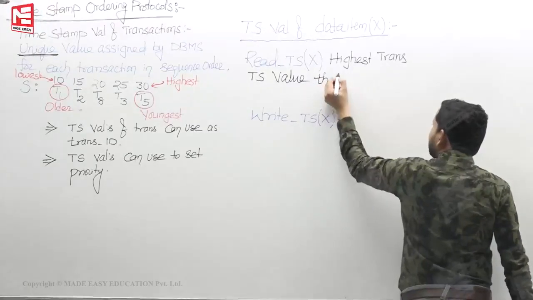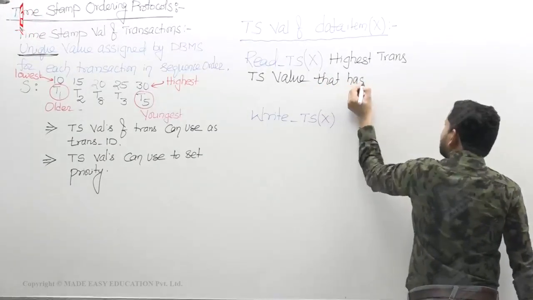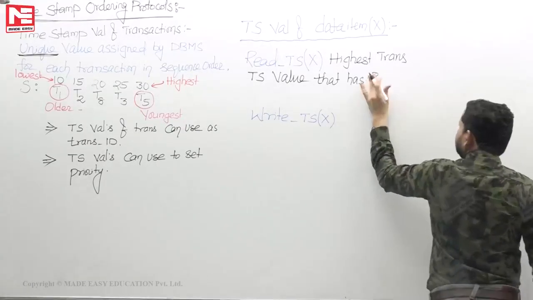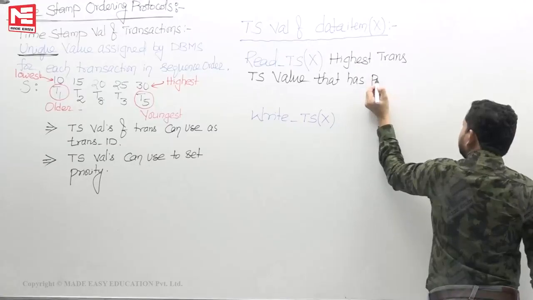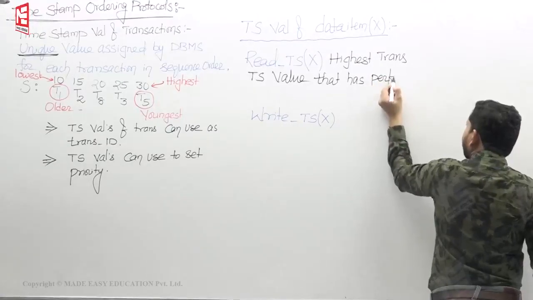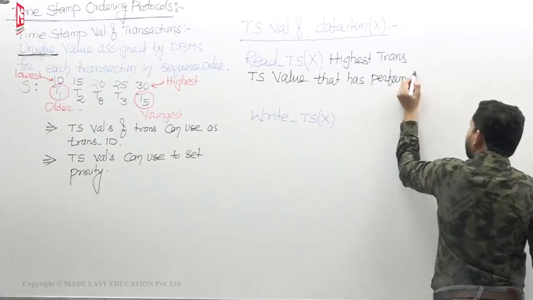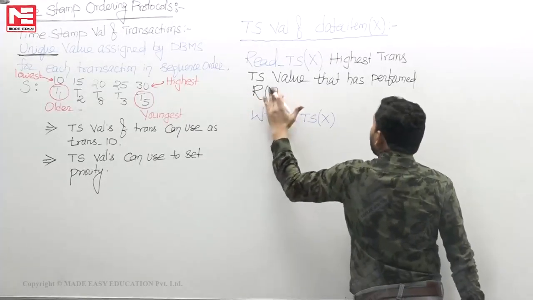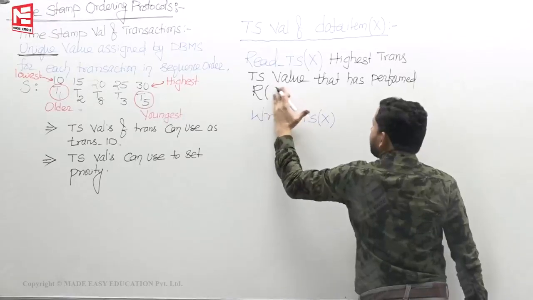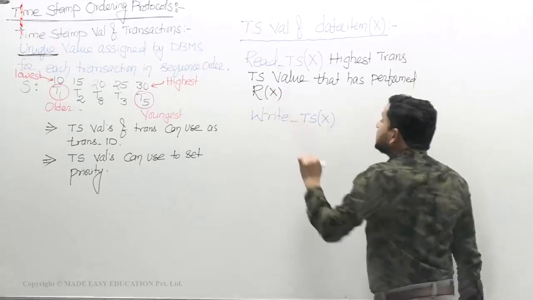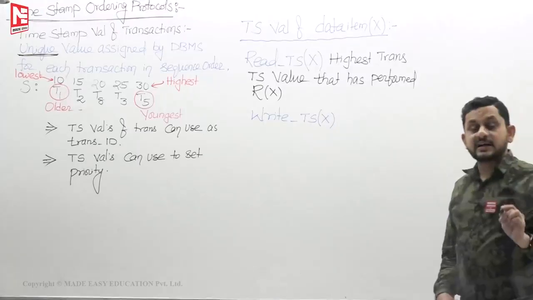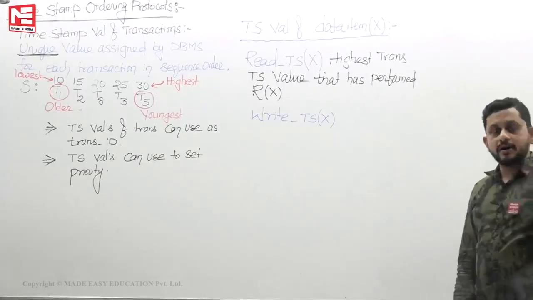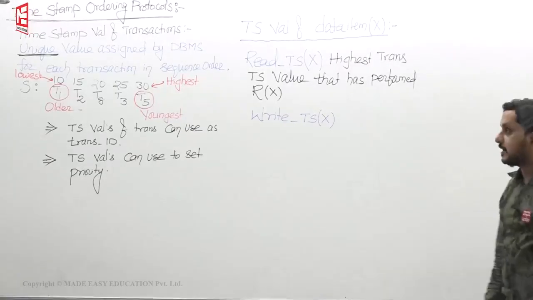that has performed a read of X. We took the data item X, read of X. The highest transaction timestamp value that has successfully done a read of X is called the read timestamp value of the data item.